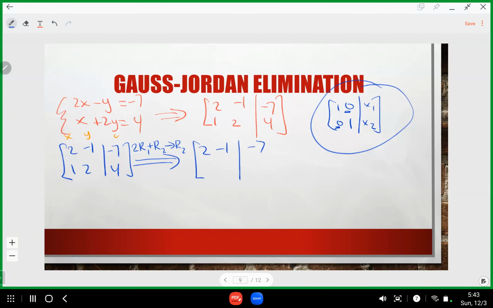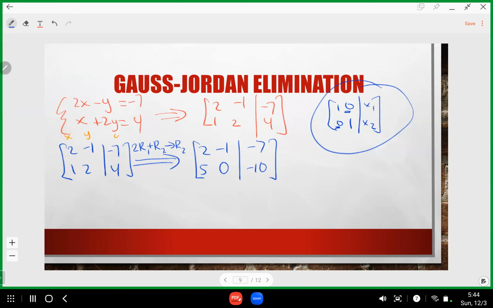Row 1 is unchanged. Row 2, however, is going to be 5, 0, and -10. So you see 2 times 2 plus 1 is equal to 5, and 2 times -1 plus 2 is equal to 0, and then 2 times -7 plus 4 is -10.